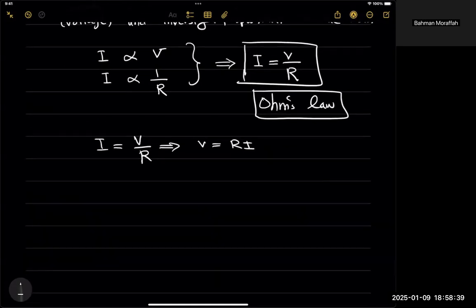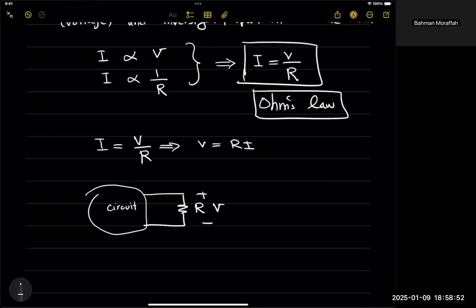If I have a resistance, let's just say this is my circuit, and this circuit is connected to a resistance. Let's just call that resistance R. Let's just say voltage across it is V, current through it is I, then V equals R I, right? And this is called Ohm's law.